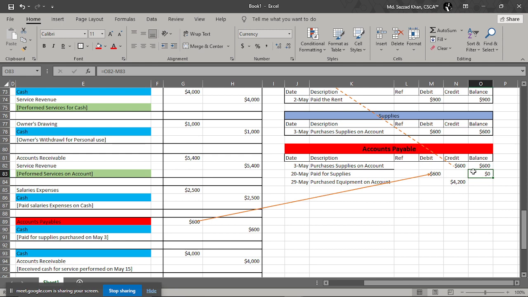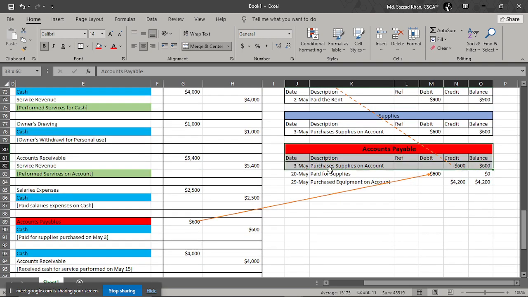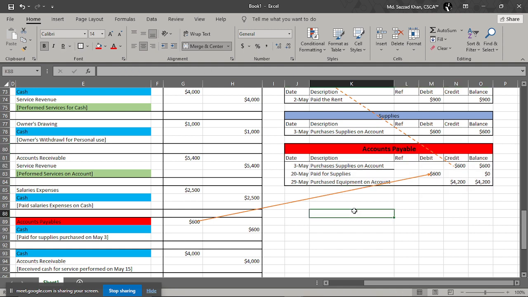So we subtract 600 from the total balance. And now again it has been credited, which means we add it to the balance amount. So here we go. Is there any other accounts payable here? No. We're done with accounts payable.